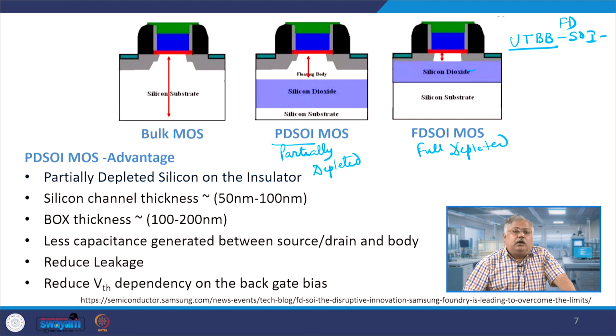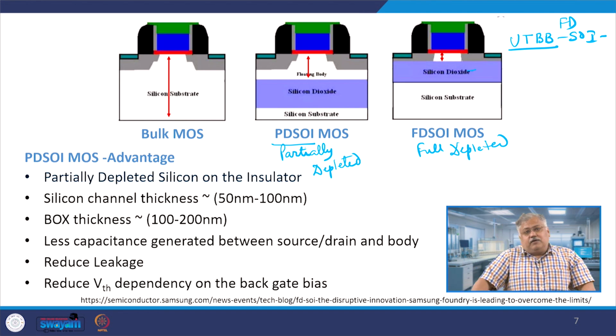So if you look here, the PDSOI has some advantages. The silicon channel thickness is of the order of 50 to 100 nanometers. The buried oxide thickness which you see is of the order of 100 to 200 nanometers, sometimes even larger than that. Relatively older technologies had even micron thickness devices. As I discussed, we have less capacitance generated and therefore reduced leakage.